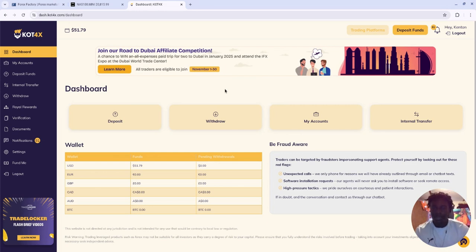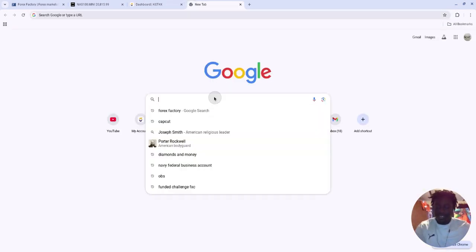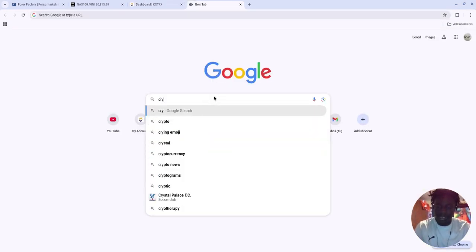So here we go. This is my account where I add my money. This is from Bitcoin. I do it through Cash App, but we ain't gonna talk about Cash App because I'm going through something with them right now. But I use these people now, so y'all can see.